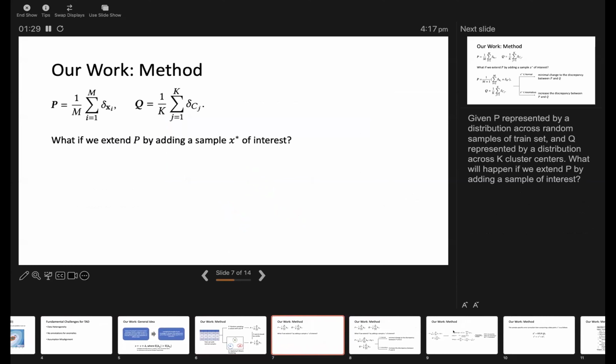Given P represented by M random samples and Q represented by K centers, and that P and Q are similar, we can consider one thing. What will happen if we extend P by adding one sample X star of interest?